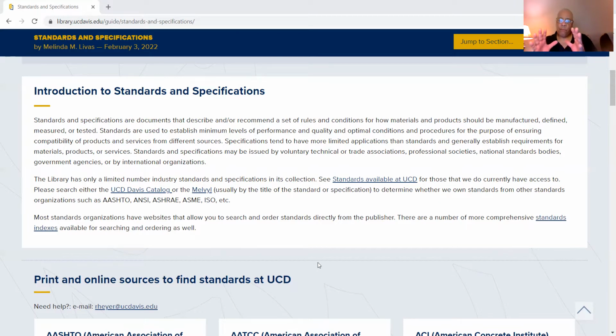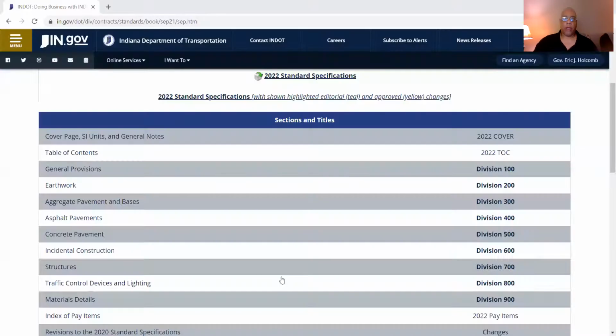Now, I'm not going to do too much talking, but I'm going to show you exactly what standards and specifications look like. These are brand new specifications and standards used by INDOT, an employer I used to work for, the Indiana Department of Transportation.